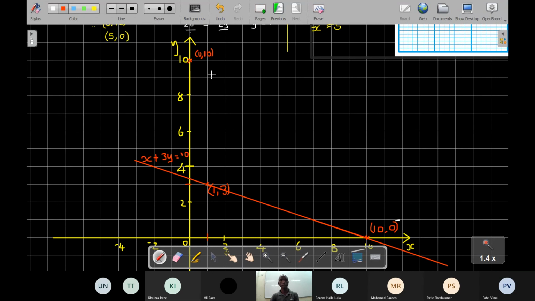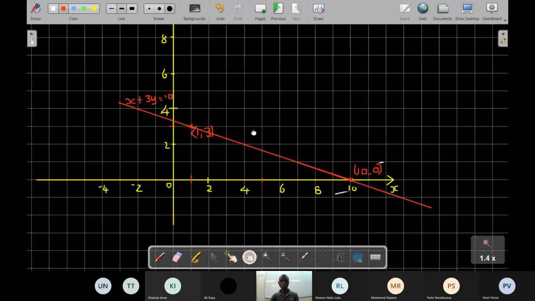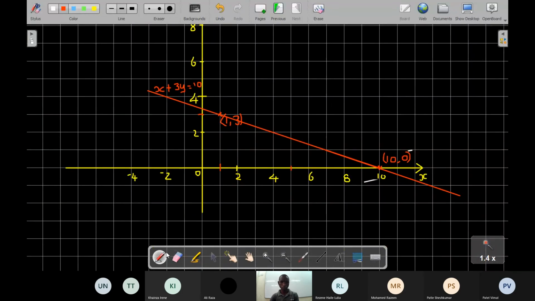Then the second point is (5, 0). 5 on the horizontal axis, 0 on the vertical axis. So (5, 0) is here, between 4 and 6. This is where you find 5 on the horizontal and then 0 on the vertical.